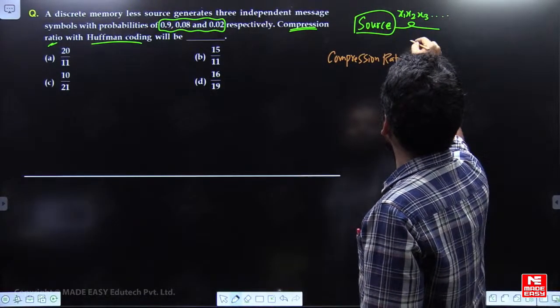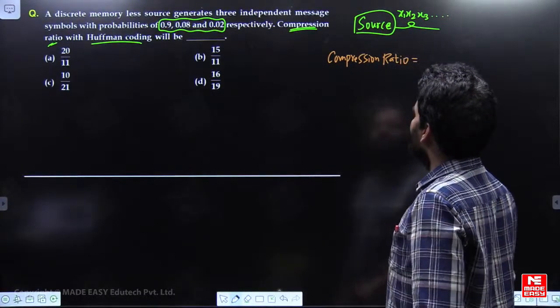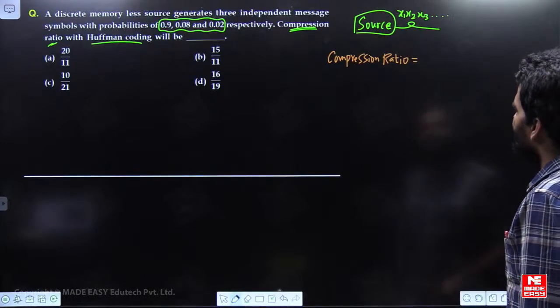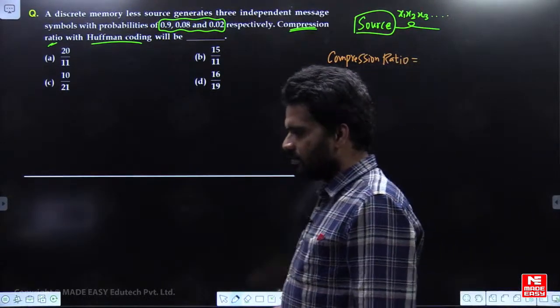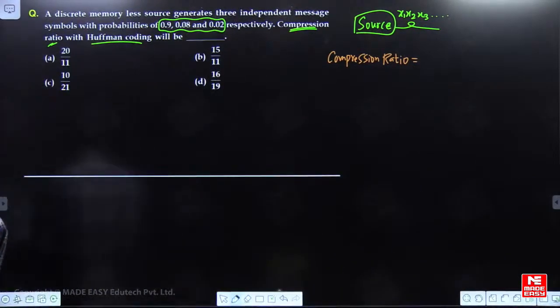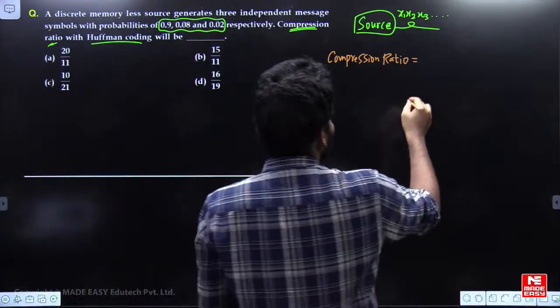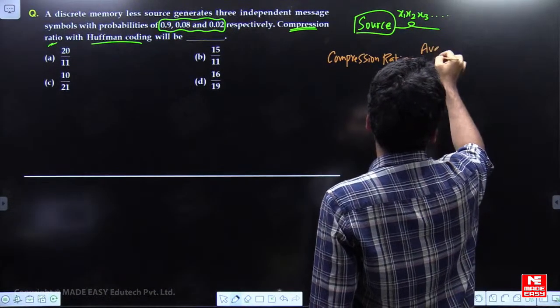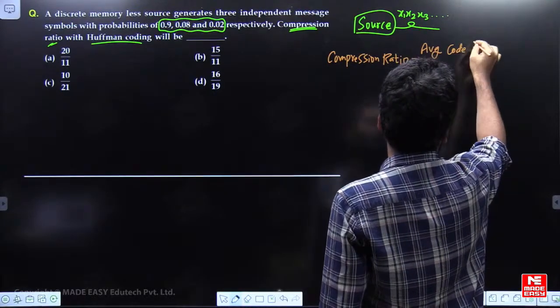In the process of coding symbols using a source coding technique, how do we find the compression ratio? Has anyone come across this?